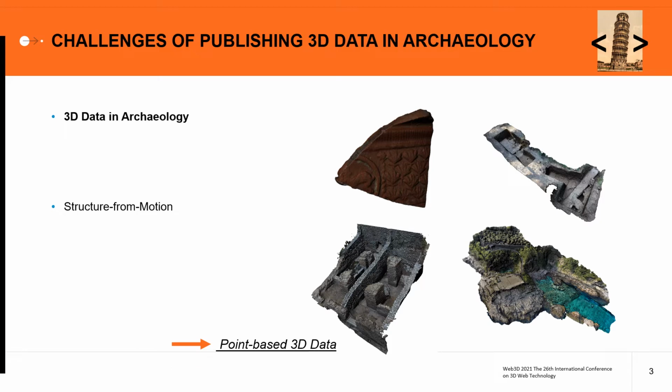And then we do have the method of structure from motion, which is a technique that became very popular in archaeology in the last years. It is almost a standard method nowadays, and the reasons are that the method is relatively cheap and, first and foremost, it is very flexible. So you can capture small potshards of a few centimeters as well as bigger architectural structures and also landscapes, as you can see in the lower right corner.